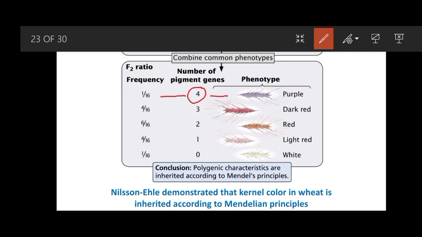For the dark red color, there are three genes, and a total of four plants are present. Similarly, for the red color, two genes and six plants are present. For light red, there is one gene and four plants are present. And when there is no pigment producing gene, then white color will be the phenotype of the kernels, and there is one genotype for this.